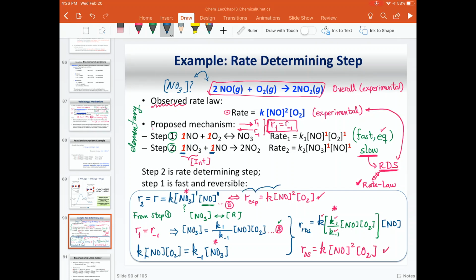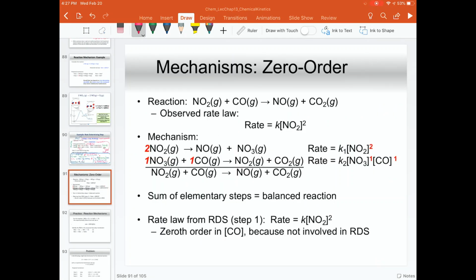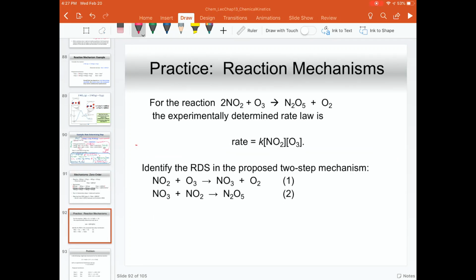We go from the experimental rate law to the rate that we got for the determining step, and we see that it's exactly the same. Then we say that this mechanism is actually good because it follows all the rules to validate a mechanism. There are some other examples that you can have, but you can go and practice those.